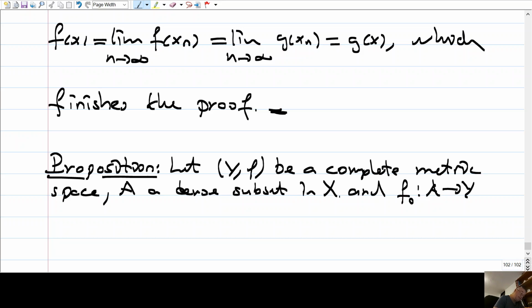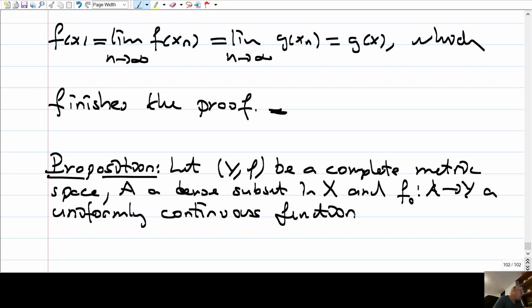A is a dense subset of that, and f0 a uniformly continuous function. Okay.